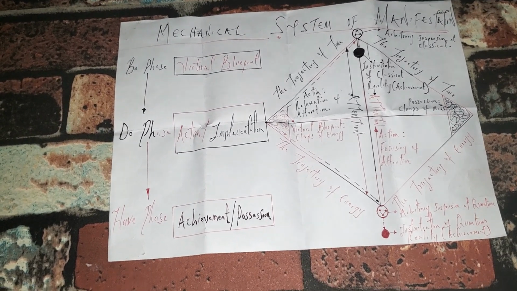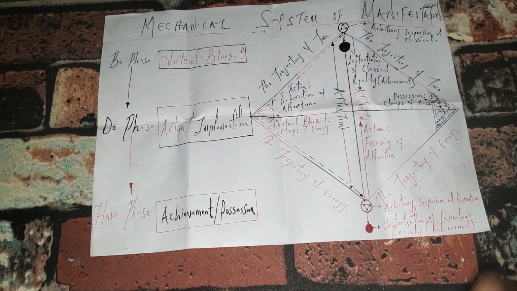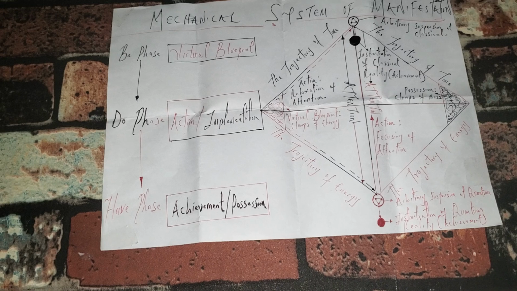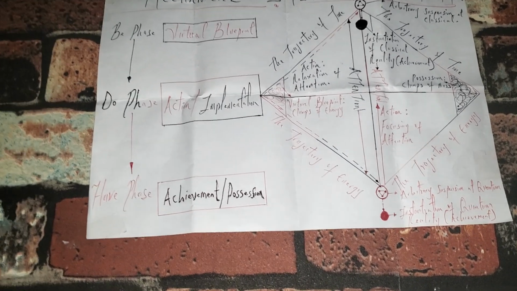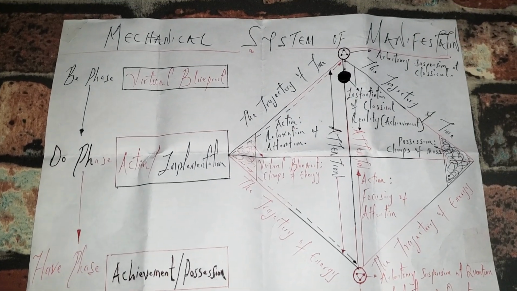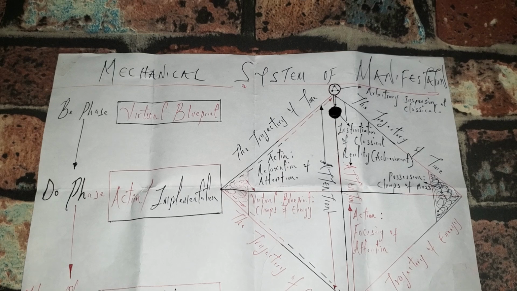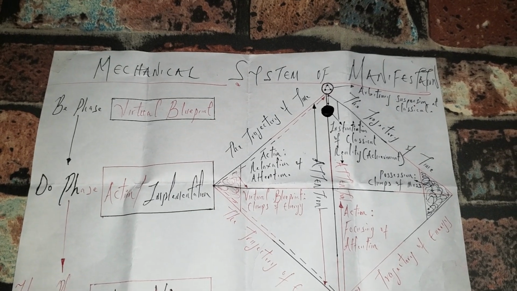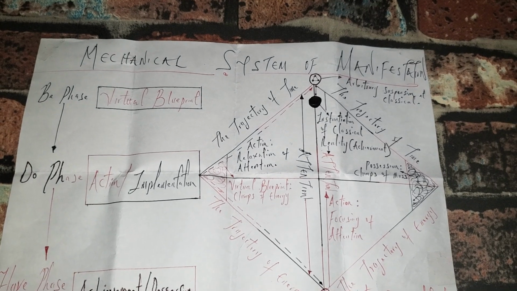You understand? So now, the universe is structured in such a way that you must have the virtual blueprint of what you want to become, and then in the action phase we follow the necessary trajectory to arrive at the ideal achievement based on the virtual blueprint.